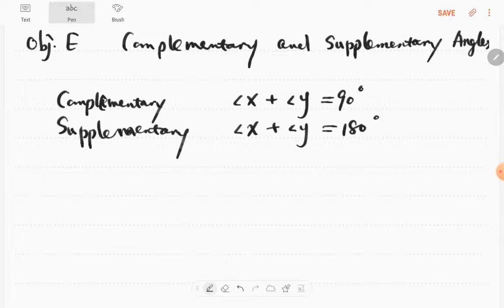So how can we find the complementary and the supplementary angle for an angle? It's very easy. We only need to do the subtraction. For example, we have this picture.